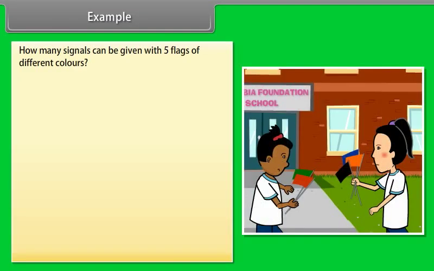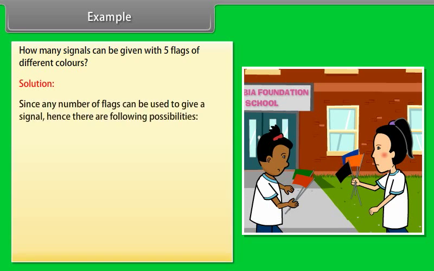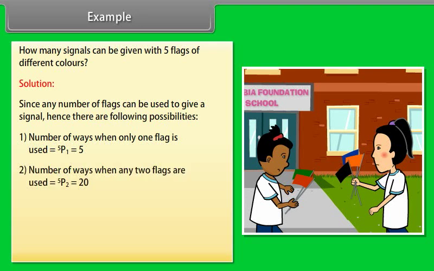How many signals can be given with 5 flags of different colors? Solution. Since any number of flags can be used to give a signal, hence there are following possibilities. 1. Number of ways when only one flag is used is equal to 5P1 is equal to 5. 2. Number of ways when any 2 flags are used is equal to 5P2 is equal to 20. 3.